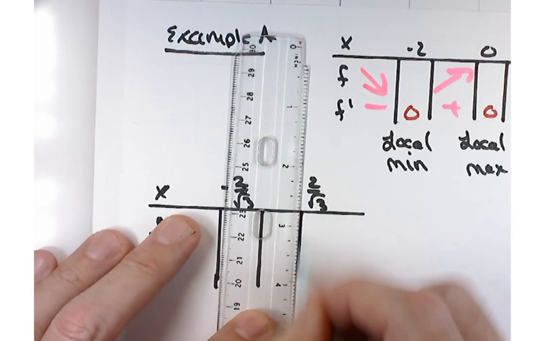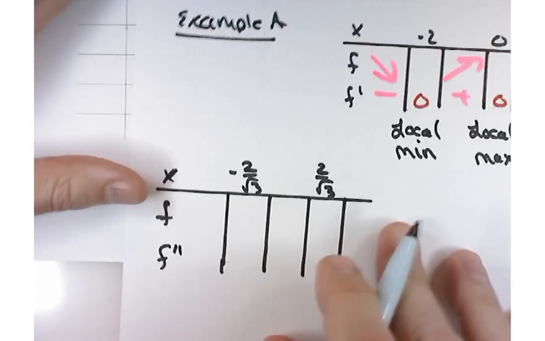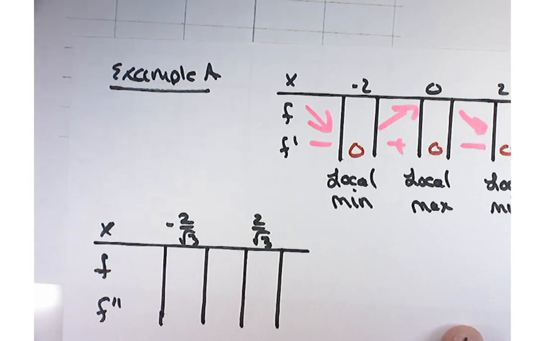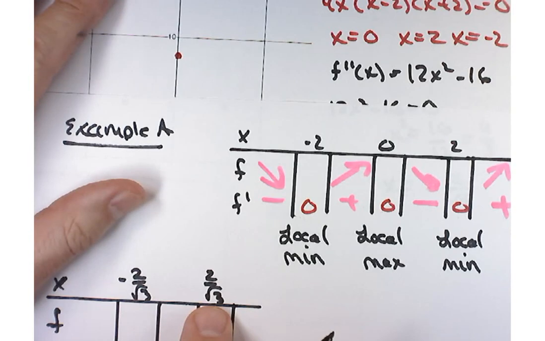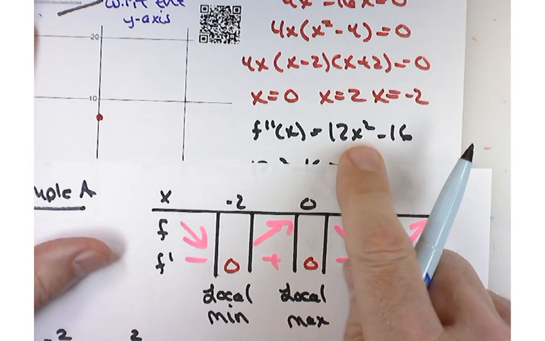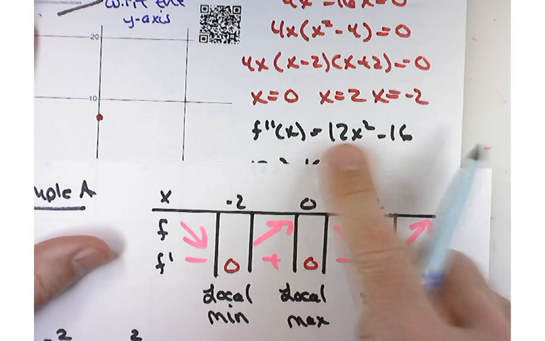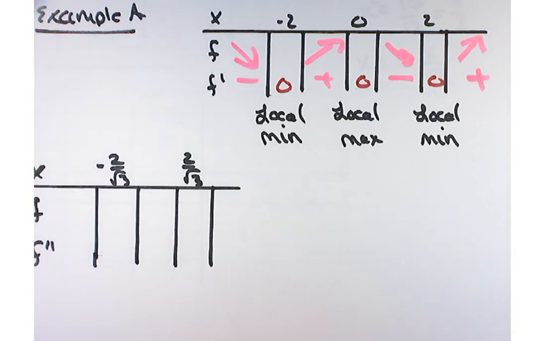And then over here, once again, you kind of need to test some points. You can plug this into your calculator. I think we can test this without necessarily going too crazy. 2 over the square root of 3, I'm not sure what that is, but I'd bet that it's less than 2. Or, if you really want to be safe, it'd be less than 4. If I put in a 4 here, 16 times 12 minus 16, well, whatever that is, it's going to be positive.